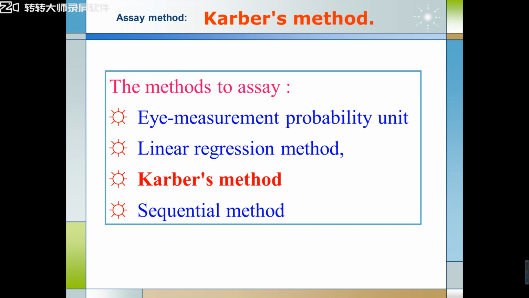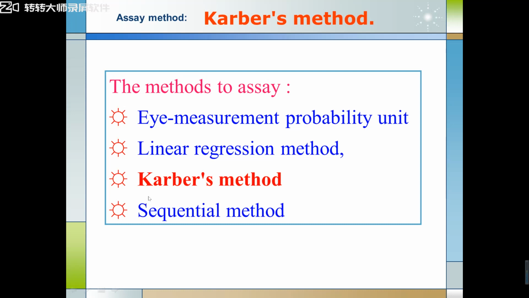Among them, the easiest and most widely used is Karber's method. Today, in this class, we will use Karber's method to calculate the drug's LD50. We will explain the details of Karber's method, and then we can calculate the LD50.